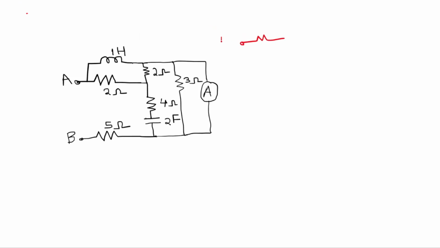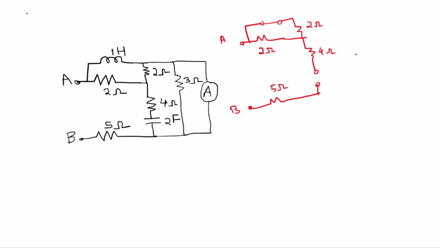So that is the node A connected to resistor 2 ohm. The resistor will remain the same, as we know, and then the inductor becomes a short circuit. Then we have a resistor 2 ohm, and below that we have a resistor of 4 ohm, and then we have a capacitor, so it becomes open circuit. Now we have the node B. From node B we have 5 ohms, which remains the same, and then we have 3 ohms, and then we have an ammeter, which becomes a short circuit, right?